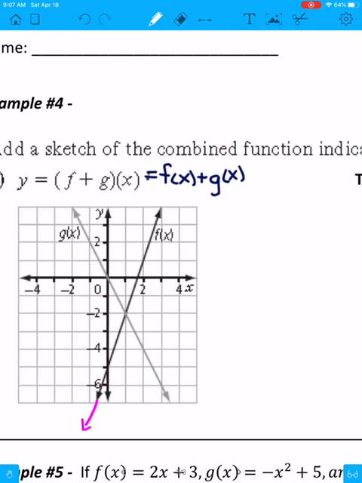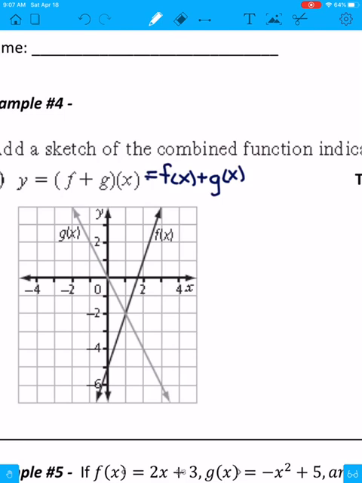I can't do -2, -3, -4. The graphs do exist that direction because there are arrows. So g of x and f of x have a domain of all real numbers, and the combined function is going to have that domain, but I can't literally find that point at -1 because the graph of f of x doesn't have one. So I have to start at 0 because that's where the two graphs actually have points.